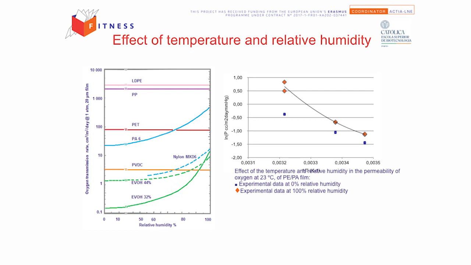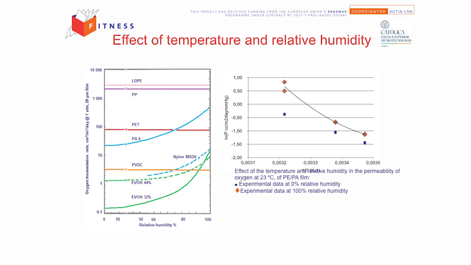Okay, and in this other graphic here, we can see similar things. It's a multi-layer film with polyethylene and polyamide, and we have the experimental data at different temperatures when the film was dry.